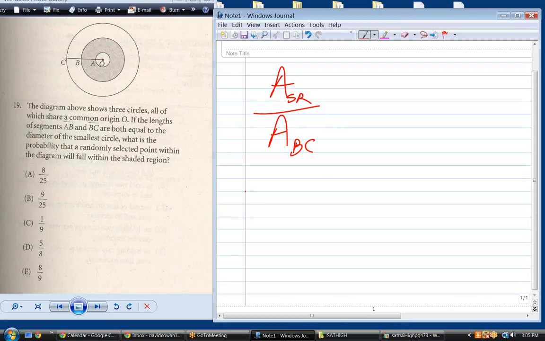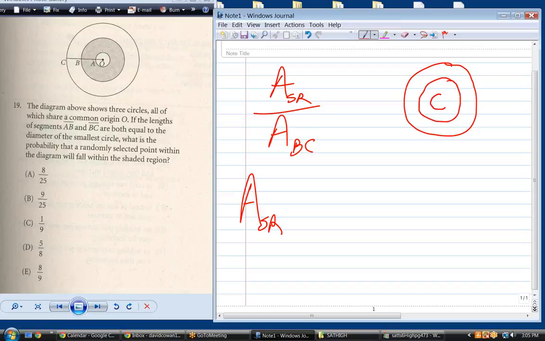So, first of all, what's the area of the shaded region? And let's define a few things here. We will let that be D. The diameter of the small circle will be D. So the area of the shaded region is what?